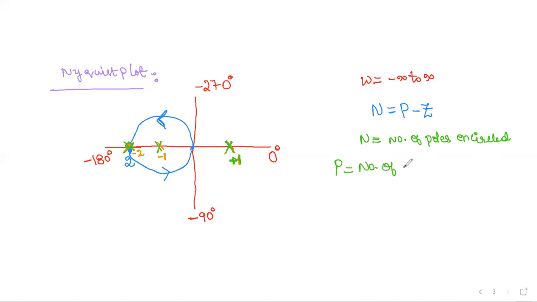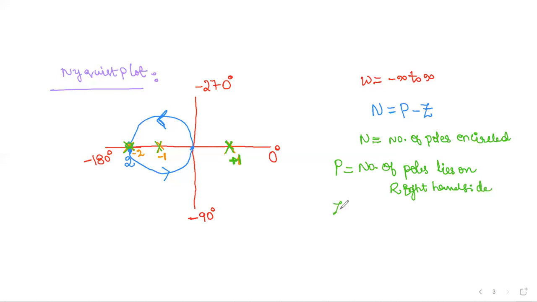Number of poles that lie on the right hand side.